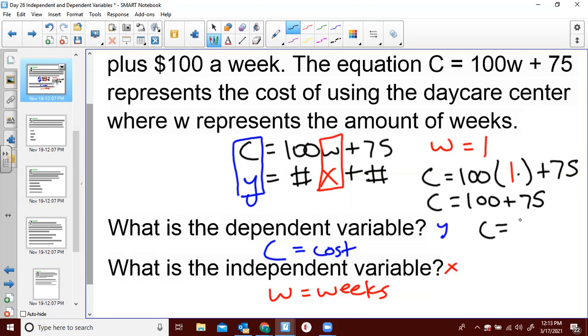And when we add those together, we get 175. So you can see that C, our Y or dependent variable, is dependent on X in order for us to get an answer.